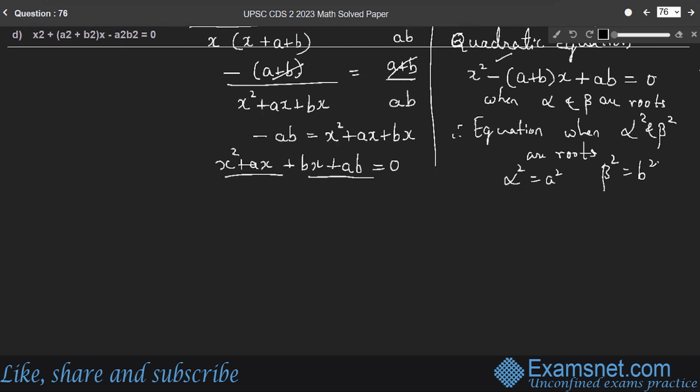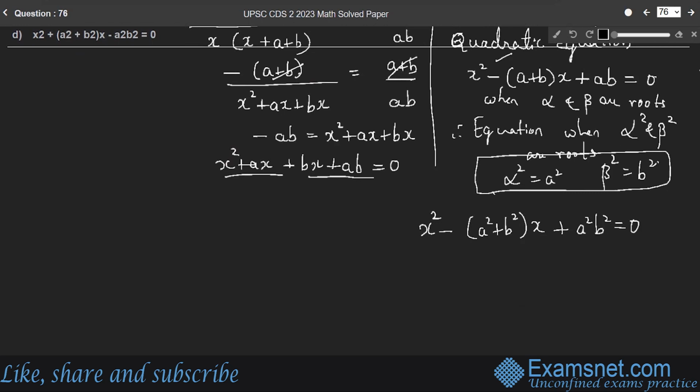Therefore, the equation becomes x square minus (a square plus b square) into x plus a square b square is equal to 0, because alpha square and beta square are a square and b square. Just replace these roots. In place of a and b, we are replacing a square and b square. Only that difference.